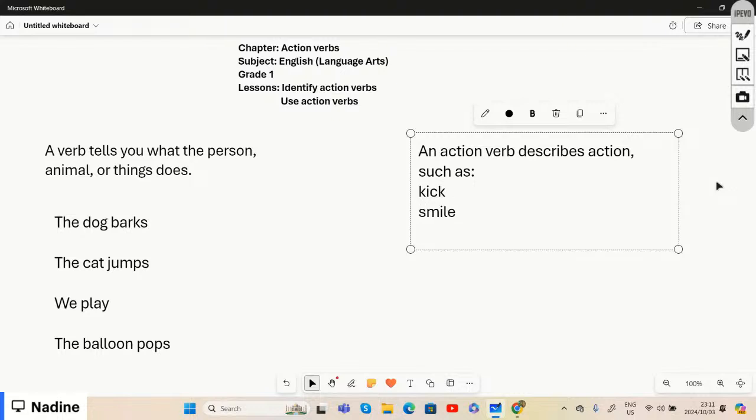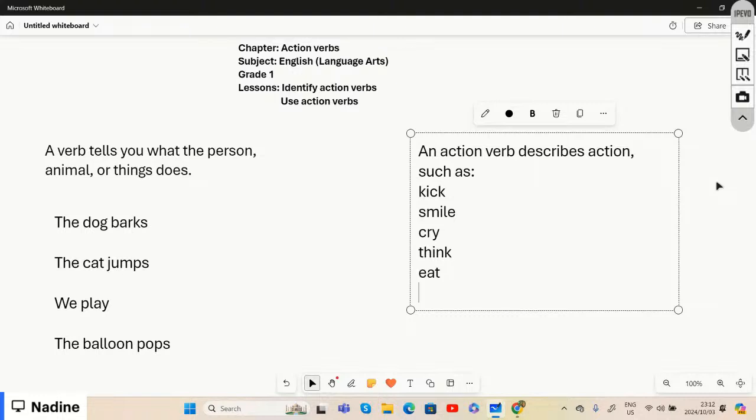Smiling is an action verb. Even if you're shedding a tear and crying, that is an action verb. Thinking is an action verb. It's something that you're doing. Eat is an action verb, something that you're doing. I'm eating. I'm going to eat.